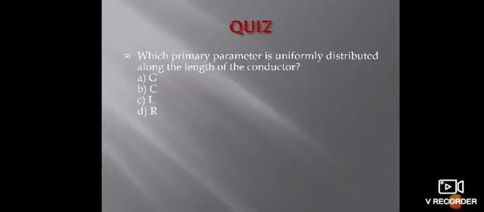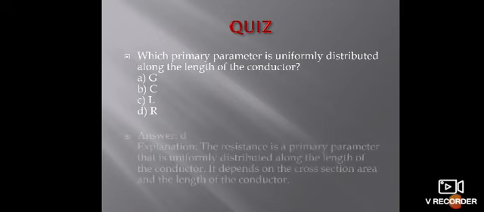Which primary parameter is uniformly distributed along the length of the conductor? The first one is G, conductance, the second option is C, capacitance, the third option is L, inductance, and the last option is R, resistance. So what is the correct answer?